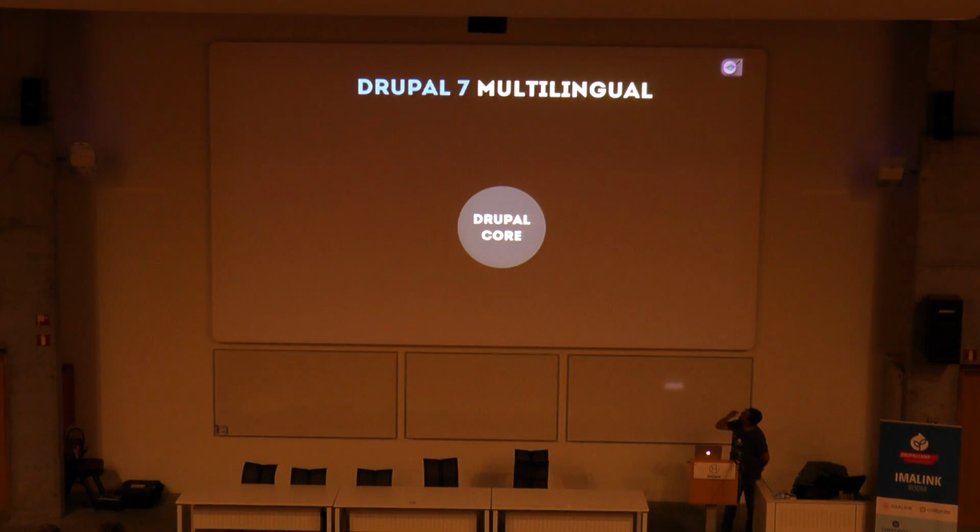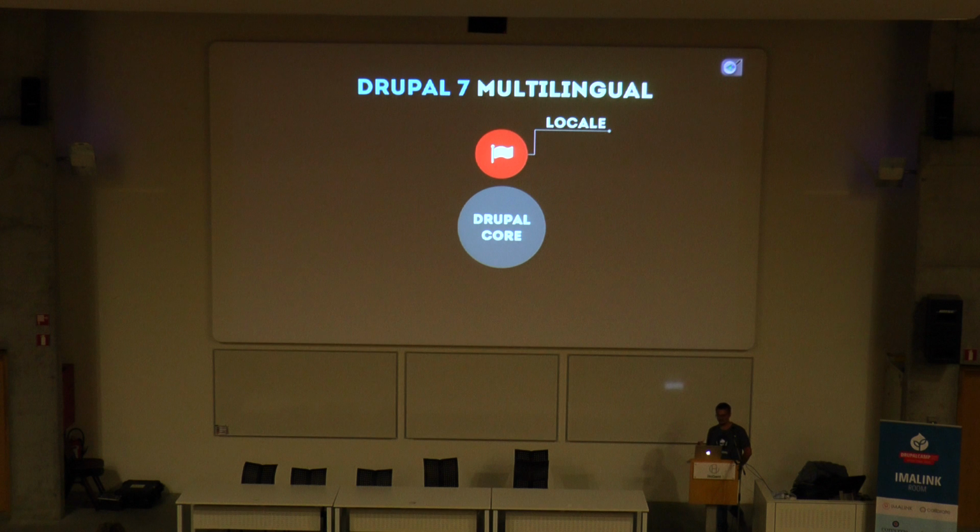So summarizing a bit, in Drupal 7 Drupal core was not that aware of language, and then we had the locale module, which adds a list of languages and UI translations, and it worked with PO files, so you had to download the PO files and import them on your site.